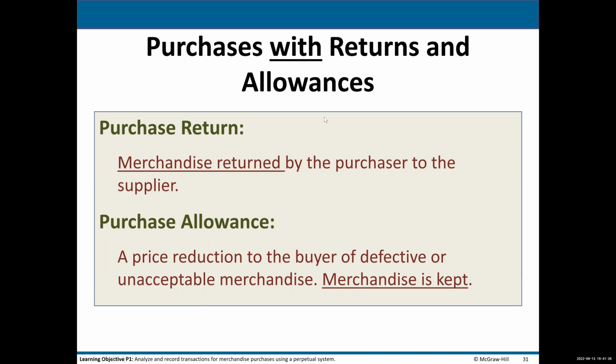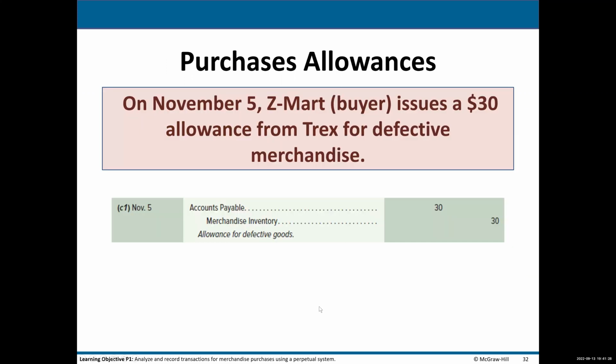Okay, so let's go ahead and look here. On November 5th, Z-Mart, and we're the buyer, issues a $30 allowance from Trex for defective merchandise. Okay, so it's an allowance. So we're going to keep the merchandise, but they're going to give us off the price.